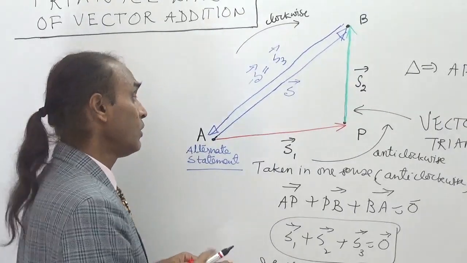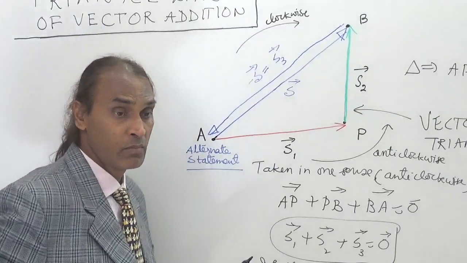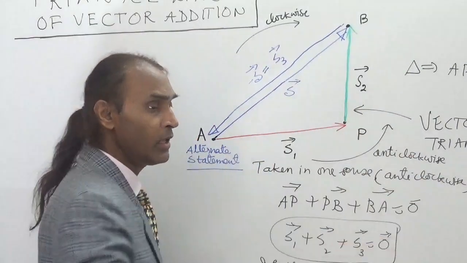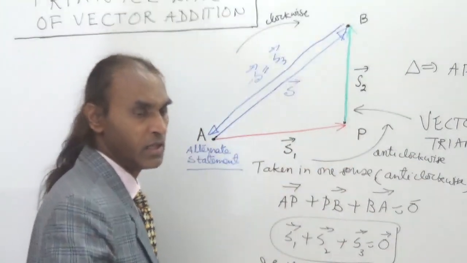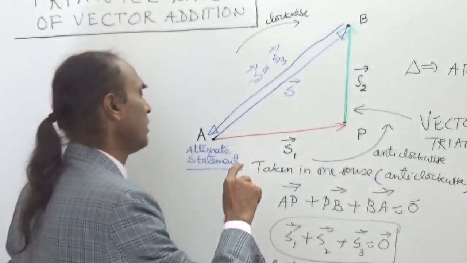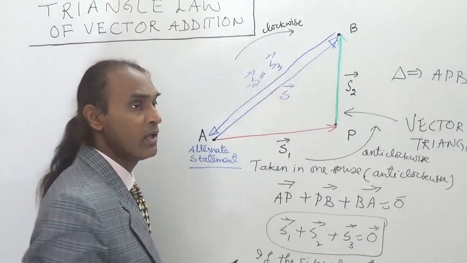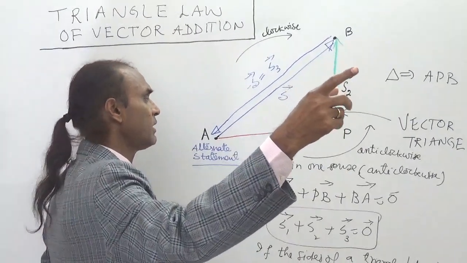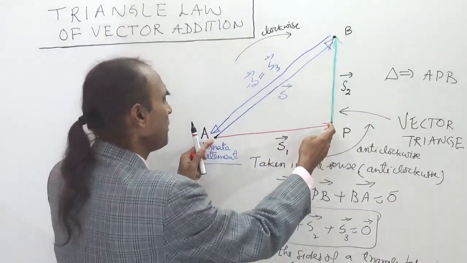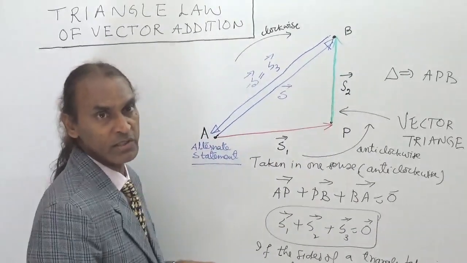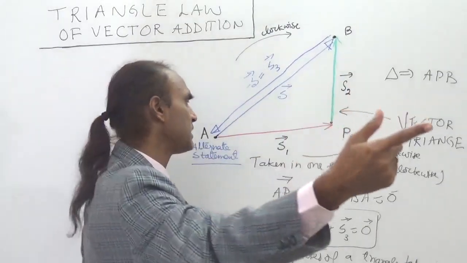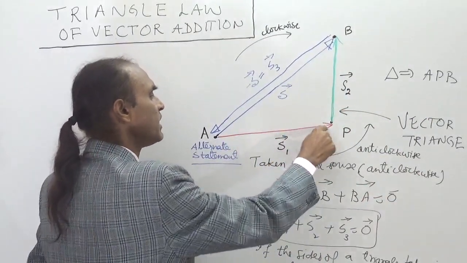But when you move from a particular place A to any place B, suppose in the ground you move for 40 meters, then you cannot say that 40 meter is equal to AP, because AP may be 40 centimeter. So you have to take a scale and reduce that 40 meter displacement to the 40 centimeter arrow.